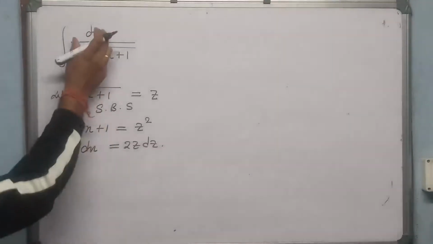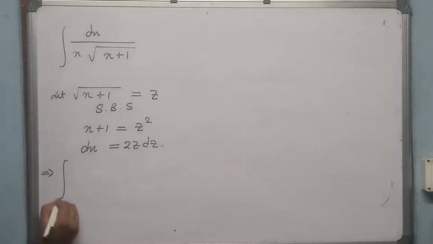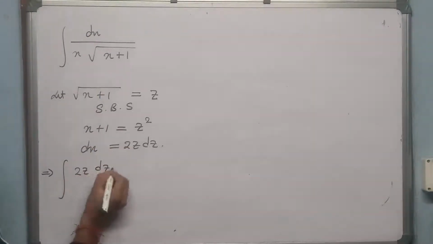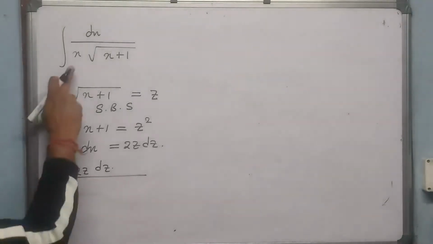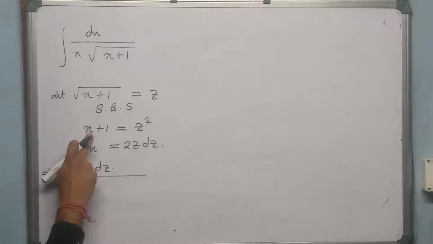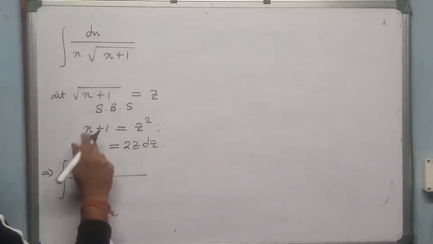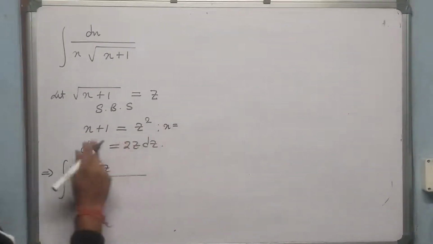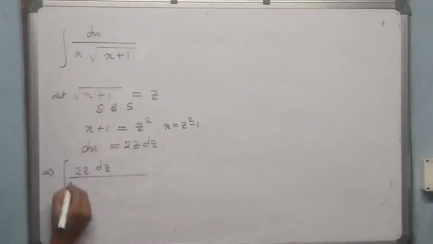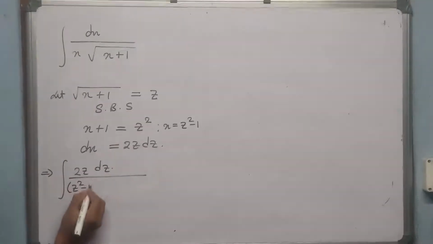Now substitute these quantities. Integration, dx is 2z dz over, now what will be the value of x? Making x the subject, x equals z square minus 1, so in place of x, I'll write z square minus 1.